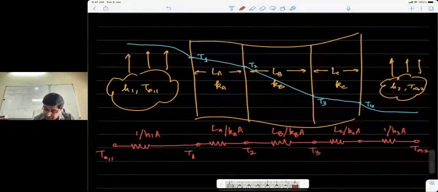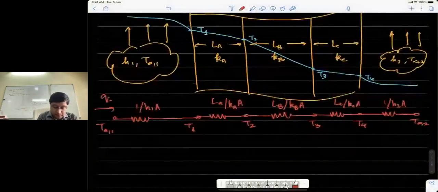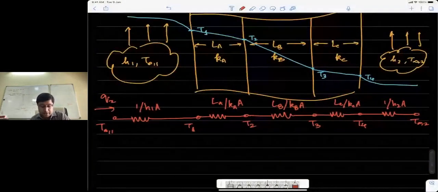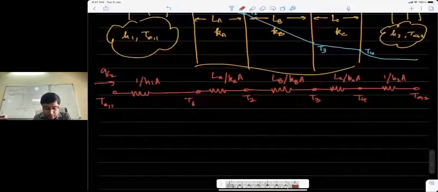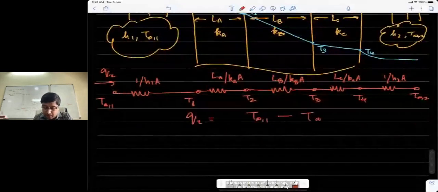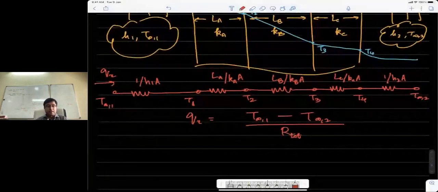This will be T3, T4, and some heat current passing through the whole system of these slabs and the fluids. So we can write again the total resistance to be the sum of all resistances, and the total heat current to be T infinity 1 minus T infinity 2 divided by the total resistance, which is the sum of all resistances because these resistances are in series.